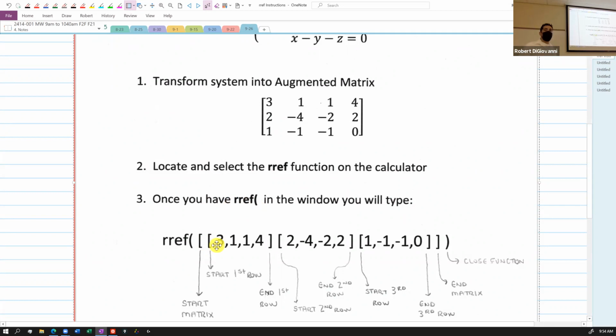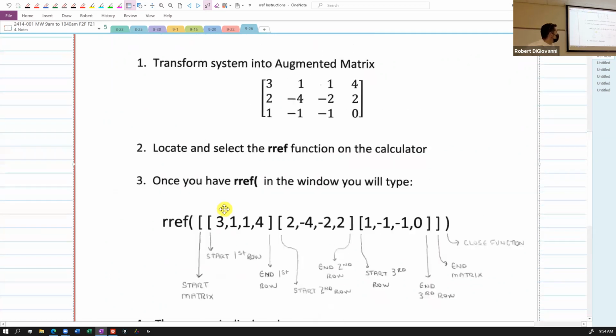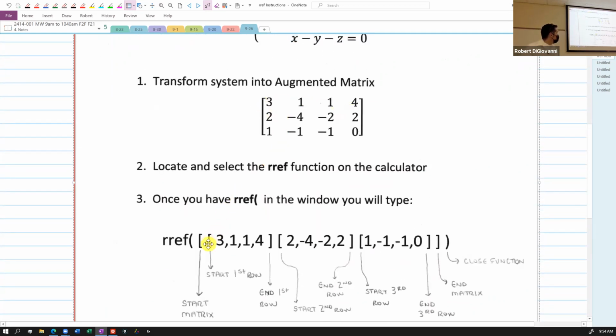You have to let the computer know it's a matrix. So keep in mind, this is the matrix up here. What you're going to do is a bracket, not a parenthesis, not a brace, a bracket. That first bracket, mine's above the comma.